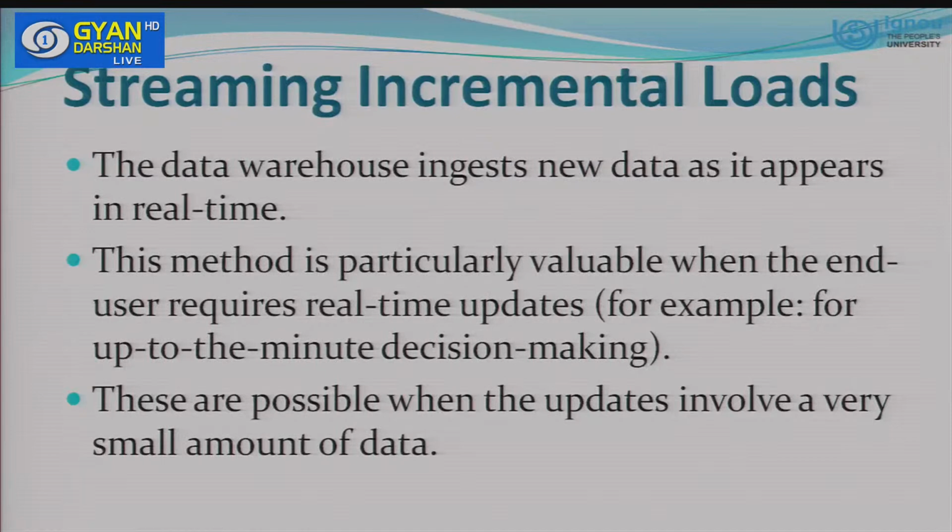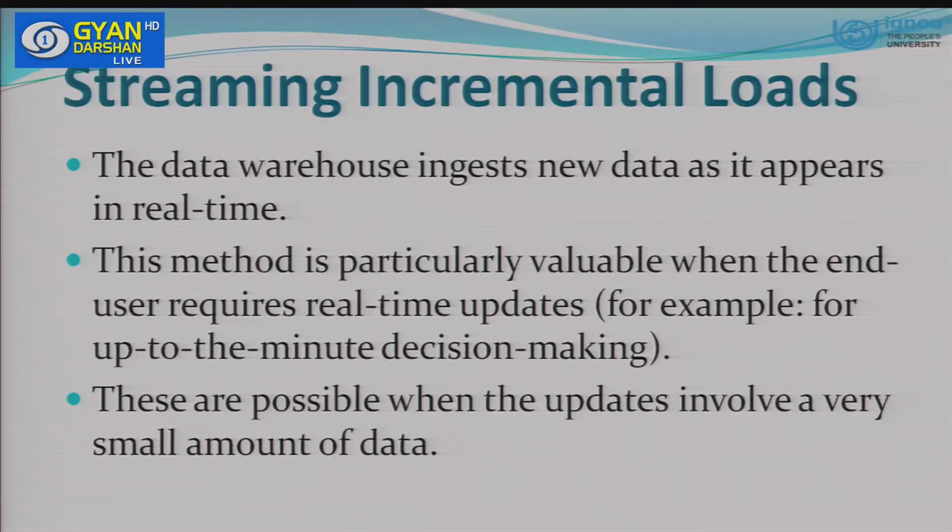This method is particularly valuable when end users require real-time updates. For example, when a decision needs to be made for each and every minute, we go for streaming incremental loads rather than batch incremental loads, which happen only in a 24-hour cycle, or weekly, or monthly refresh cycles.